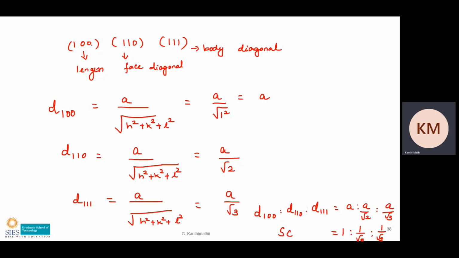I substituted the values of HKL as 100, 110 and 111, and I found the ratio to be 1 is to 1 by root 2 is to 1 by root 3. So if the ratio comes to 1 is to 1 by root 2 is to 1 by root 3, this means the crystal we are dealing with is a simple cubic crystal structure. I hope this is clear.